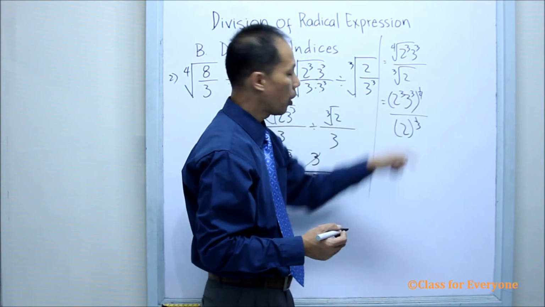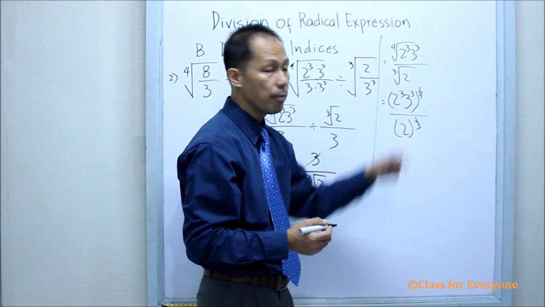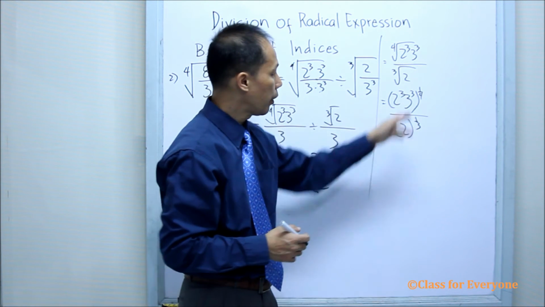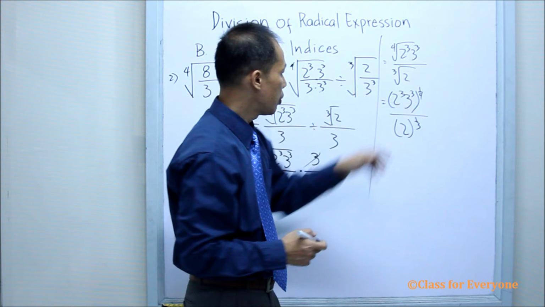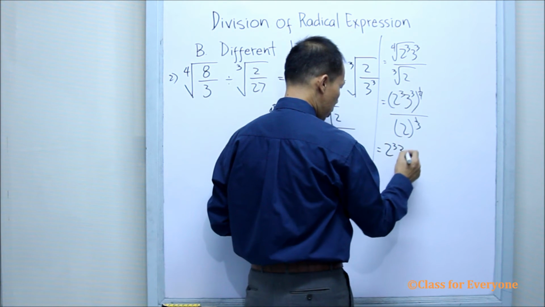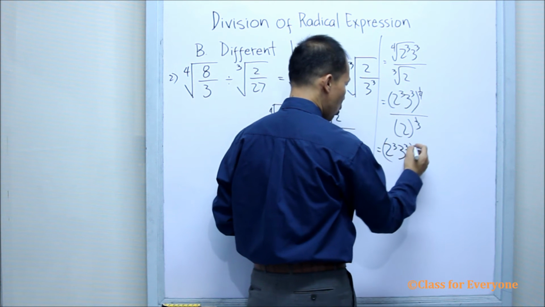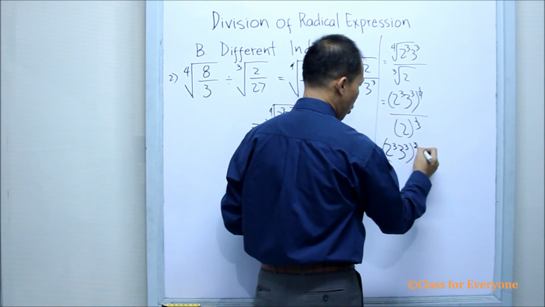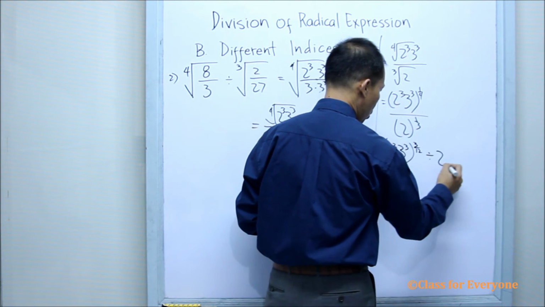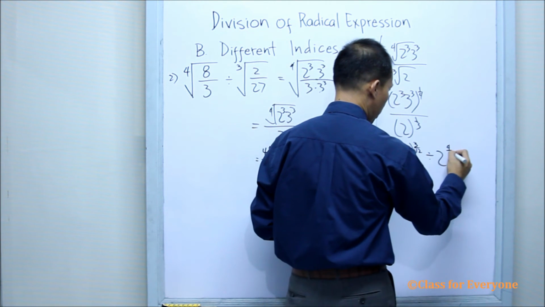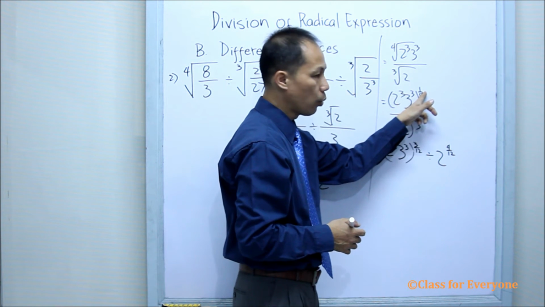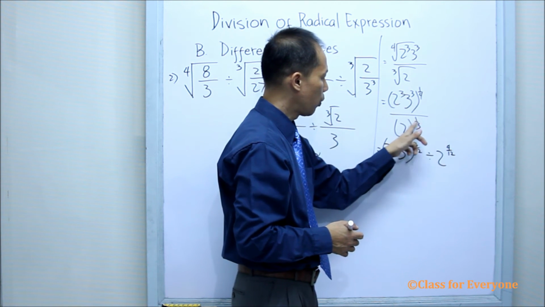And we can only subtract similar fractions, but they are dissimilar. So we must find the LCD. The LCD of 4 and 3 is 12. So by changing this, it will become 2 cubed, 3 cubed raised to 3 over 12, and we are going to divide it by 2 raised to 4 over 12. Since 3 over 12 is equal to 1/4 and 4 over 12 is equal to 1/3.